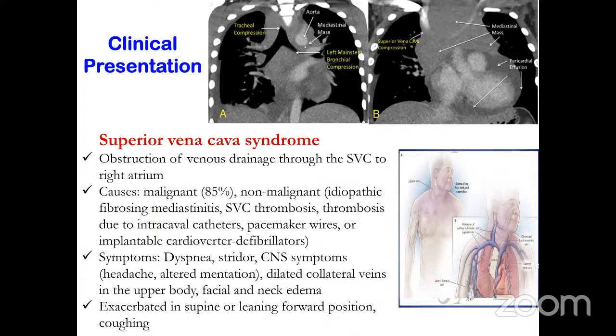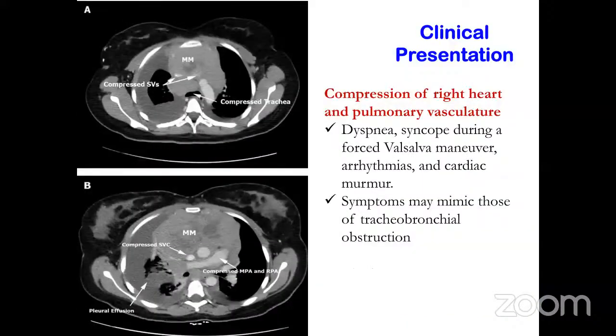Usually these patients will manifest dyspnea. They can have facial swelling, and you can see a lot of venous dilatation. If they are not managed immediately, they can have CNS symptoms, primarily because of venous congestion of the head and neck area. This can be exacerbated in the supine or leaning forward position and by coughing, because that will increase the venous congestion. Hence the symptom assessment needs to be done for these patients.